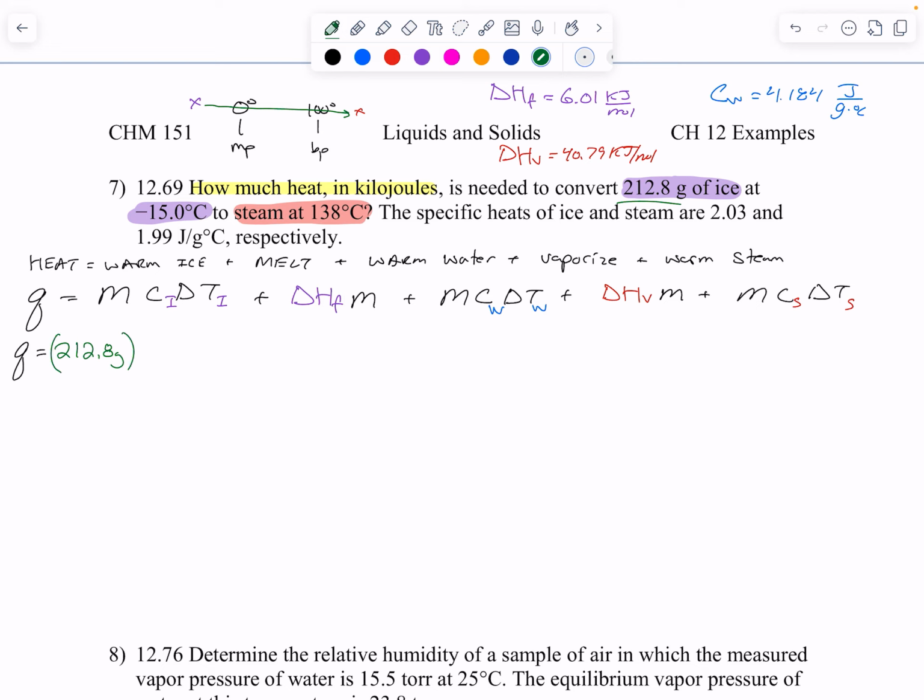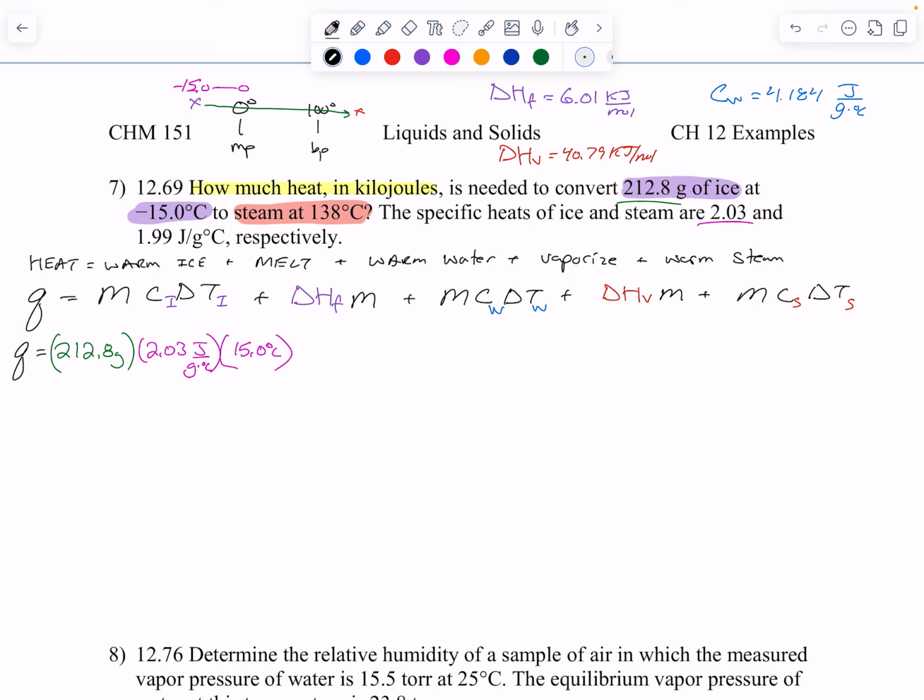Our specific heat of ice is 2.03 joules per gram degrees Celsius. And what's the delta change? It goes from -15 to 0, so it's 15.0 degrees. That's the change.